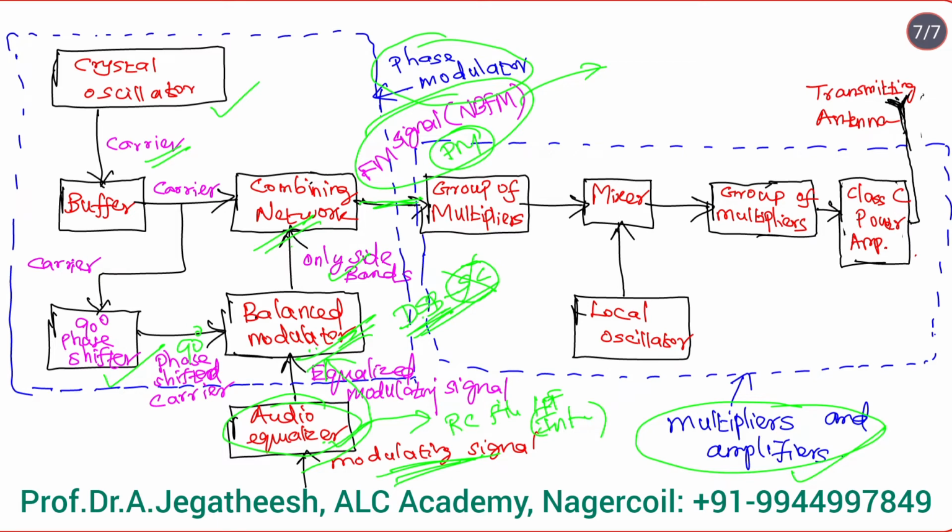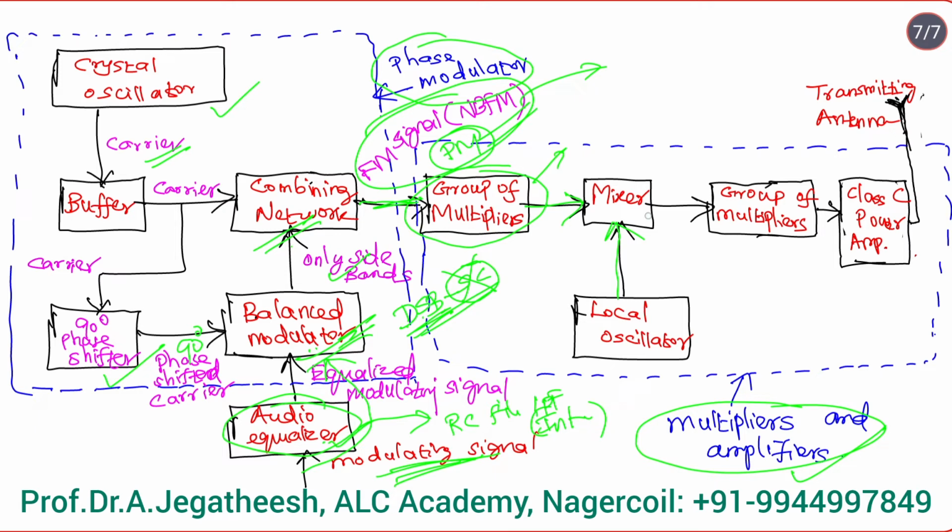First, the narrowband frequency modulated signal is applied to the group of multipliers, where the multipliers increase the frequency by 2 times or 3 times or 4 times. It may be a doubler or a tripler, etc. The group of multipliers increases the frequency of the narrowband frequency modulated signal, and it is applied to the mixer along with the local oscillator.